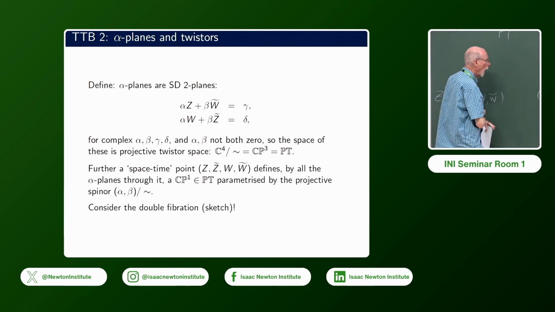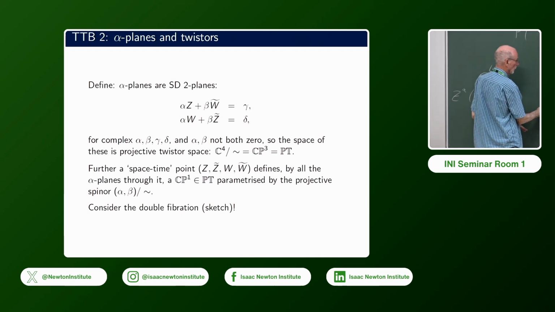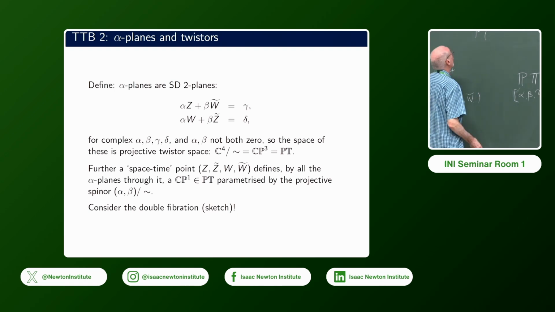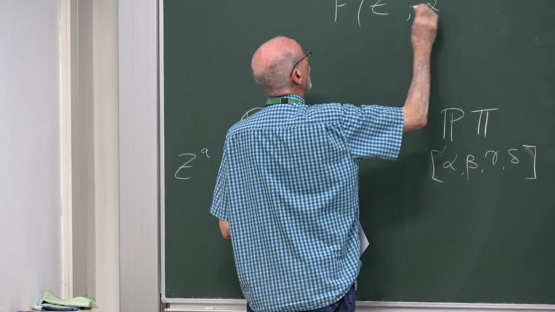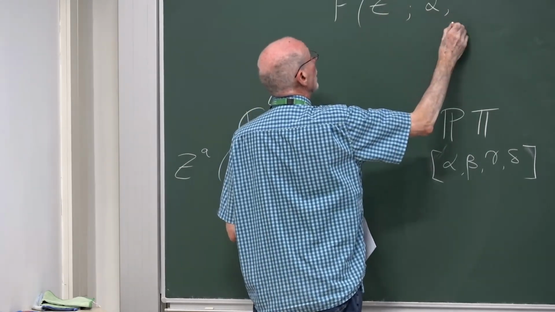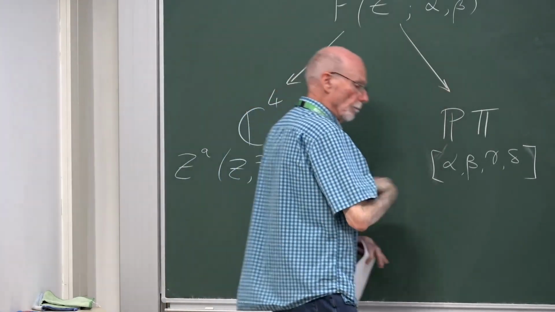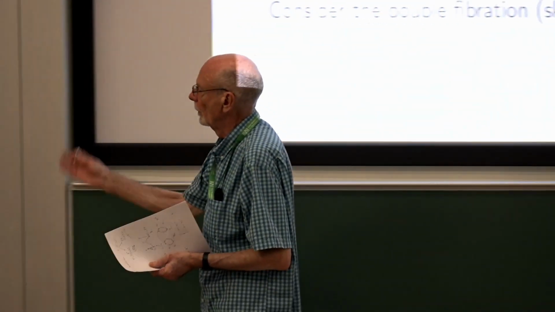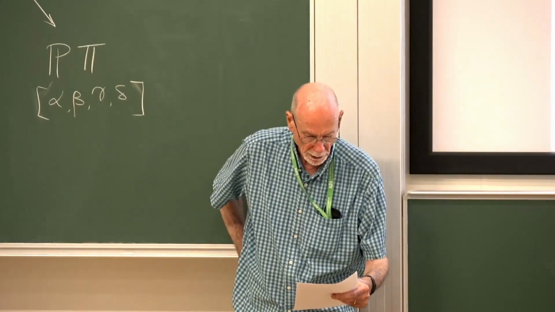Maybe you want square brackets on the right to say it's up to projective equivalence? This one? Yeah, for sure. Okay. Yeah, so it's just the proportionality class. And then up here, I've got the Z's and the A and the B, and there are projections like so. And this is crudely the double fibration that gets twistor theory on the road if you're going to do it carefully.